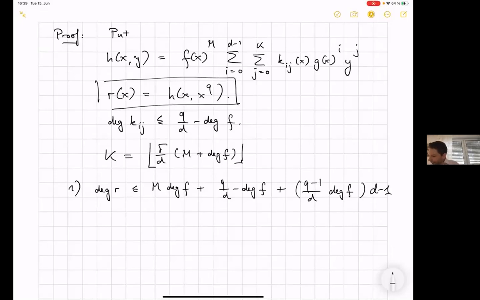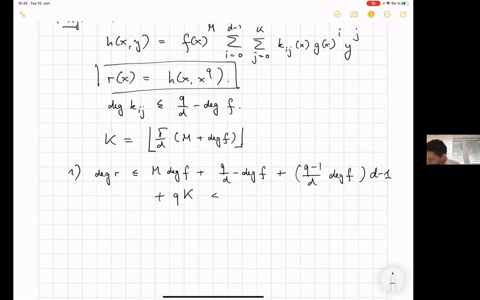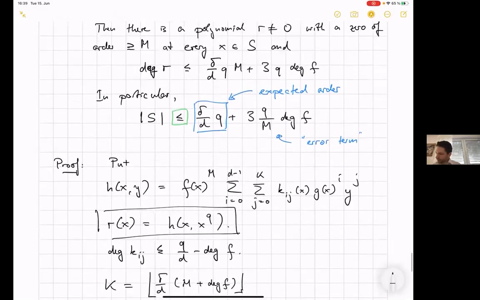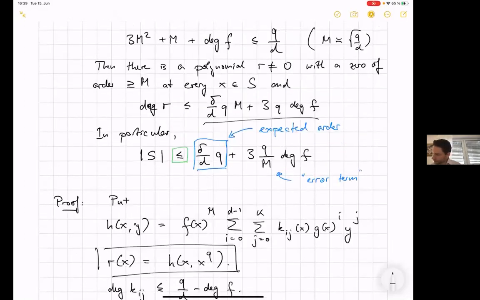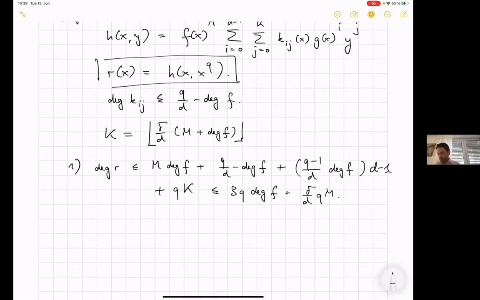And then y is x to the q, so this is q times j, and the highest possible value of j is k. All right, and if you plug all of this in and just compute it, then what you get is 3q degree f plus delta over d qm. And that's precisely what I claimed here. So the degree is the correct one.